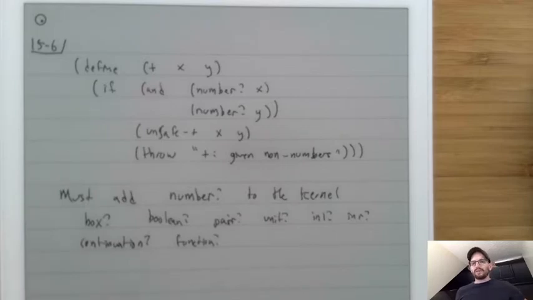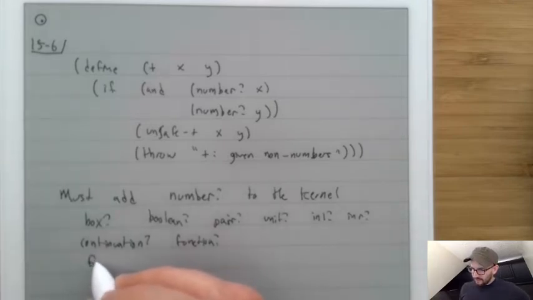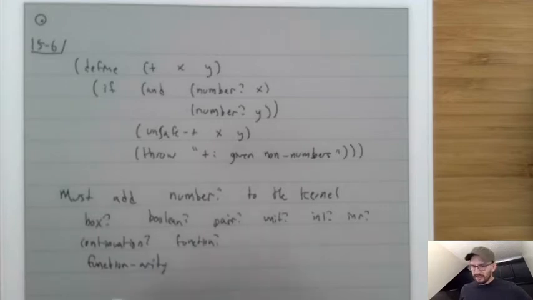We also want to be able to protect against having the wrong number of arguments. So we want to add a function that's called function-arity, which is going to take a function and tell us how many arguments it takes.